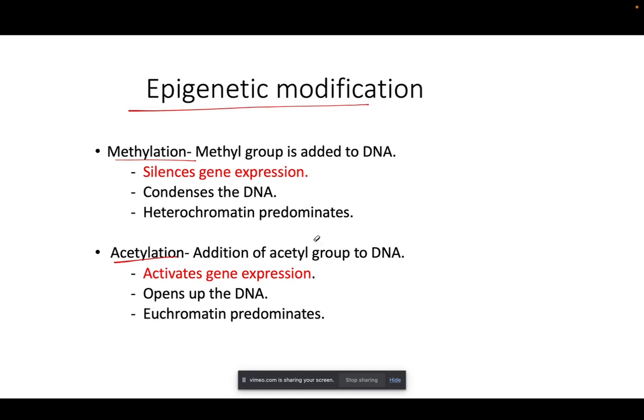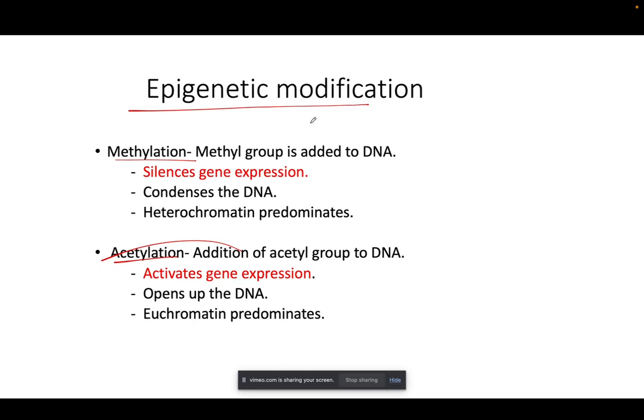Okay, on the other hand, there is another process, which is known as acetylation. This process adds the acetyl group to DNA. Okay, this enzyme adds an acetyl group, which actually opens up the DNA.